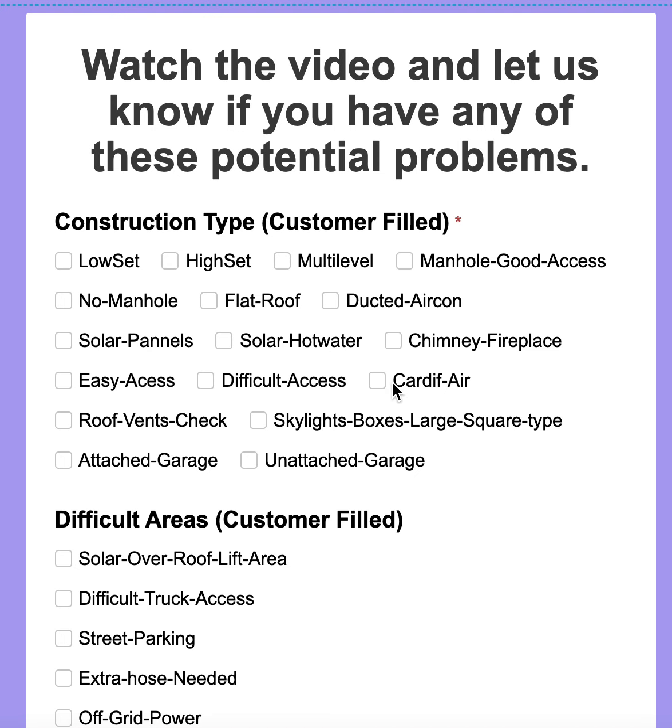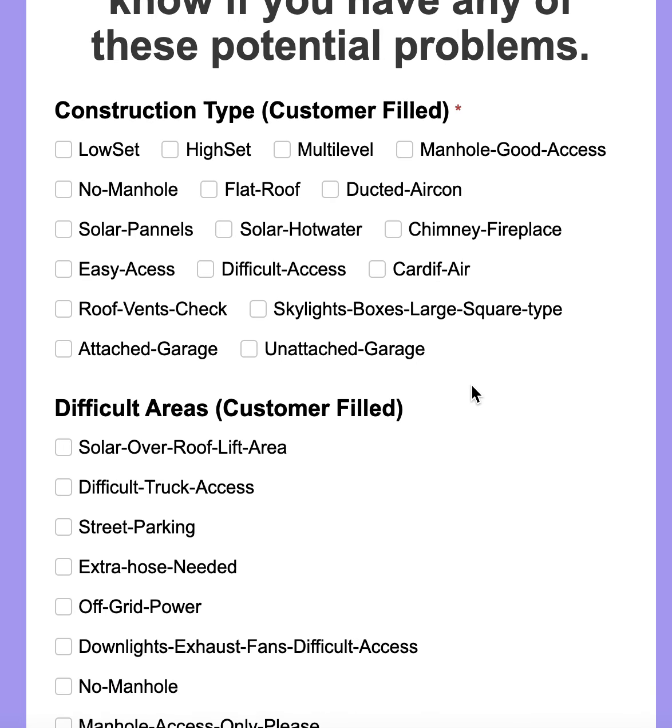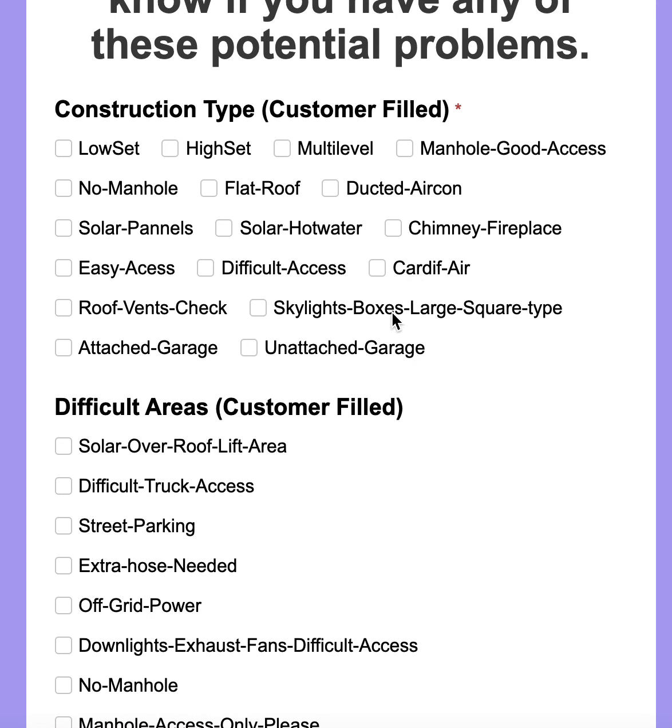The Cardy air, that's not very common, but that's a big fan system in the roof. They're not bothered by our insulation, so we can certainly insulate your roof even with the cellulose fibre with one of those. Follow the links to our videos. I'll put some information on that, actually, with some links to our videos. That's a required field. Tick as many as are relevant to you.